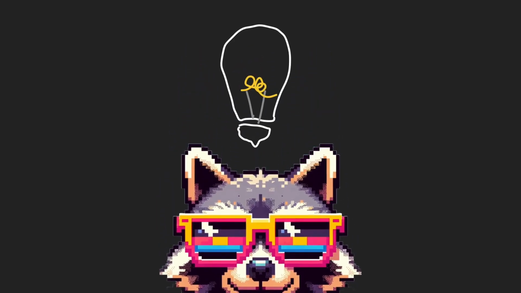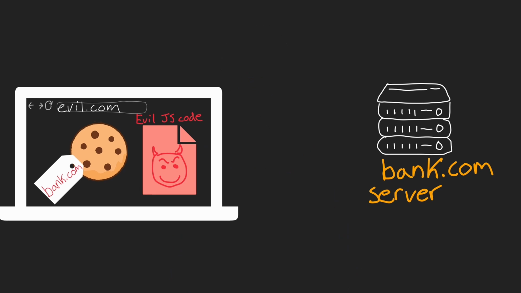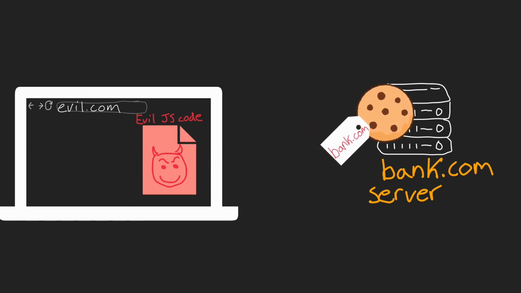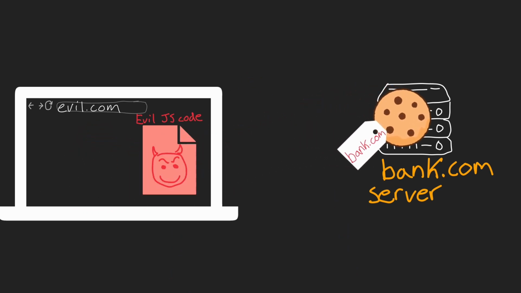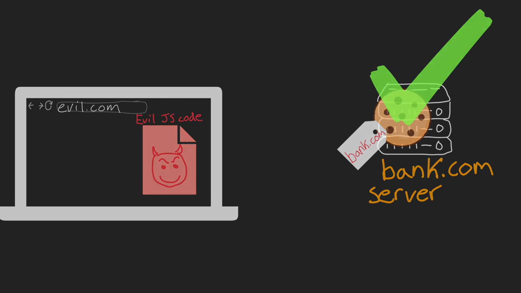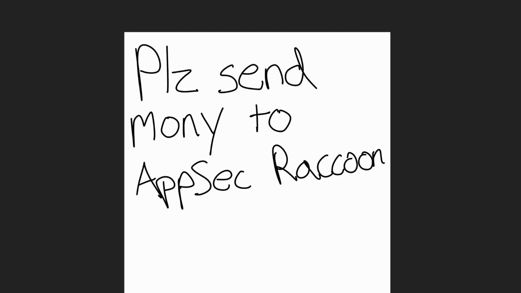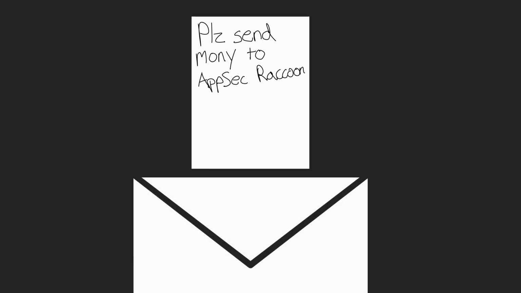So I hatch another plan. If the browser automatically sends the cookie for bank.com with requests that are sent to bank.com, because it's the same origin, why don't I make evil.com make a request to bank.com directly? I can trick you into making your browser make what looks like a legitimate request to move money to my bank account.